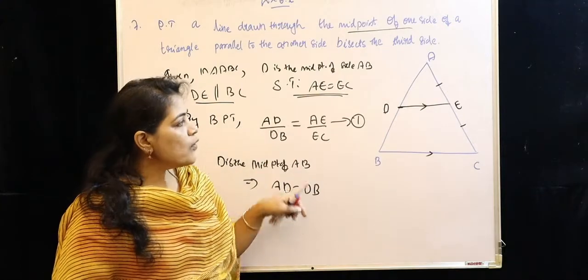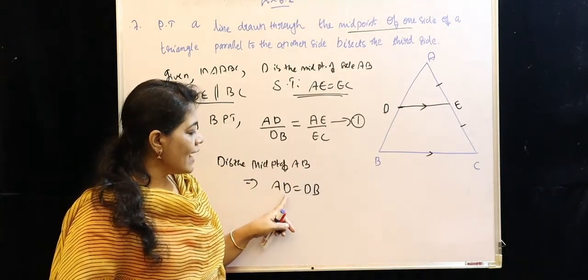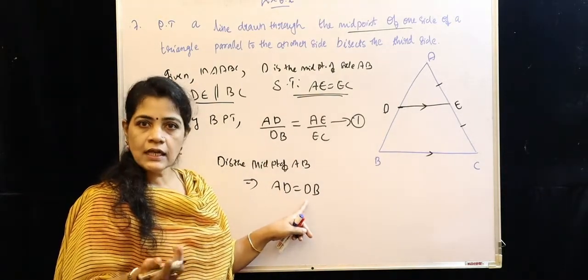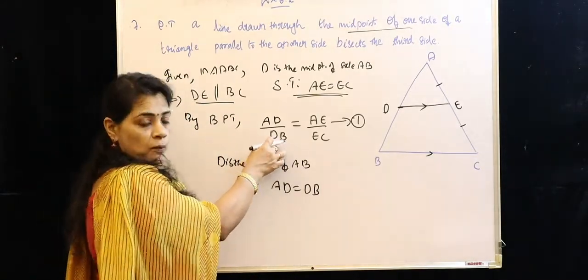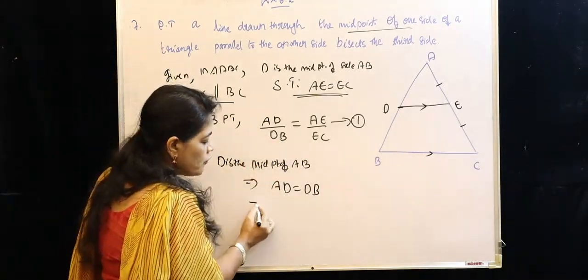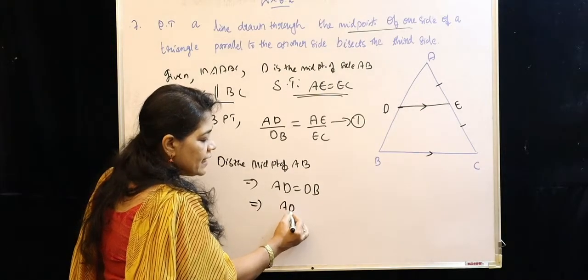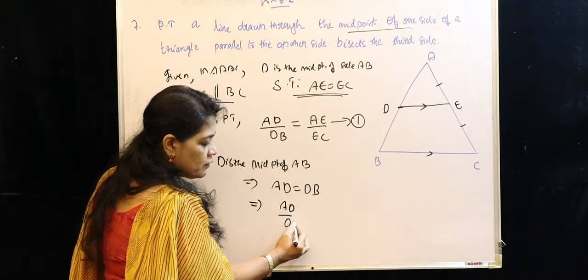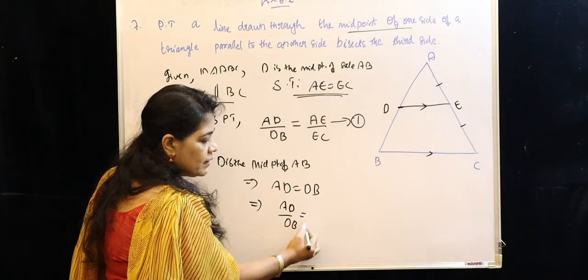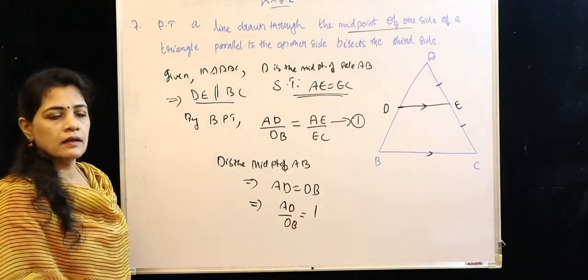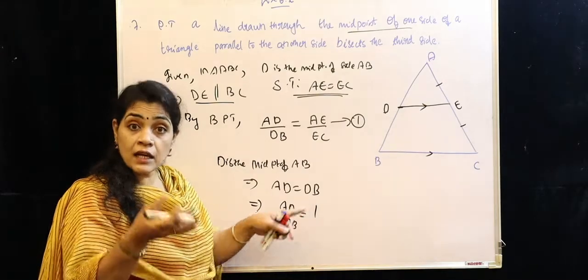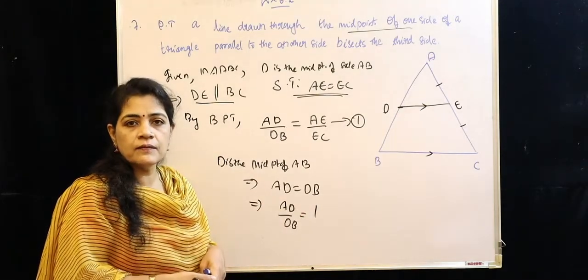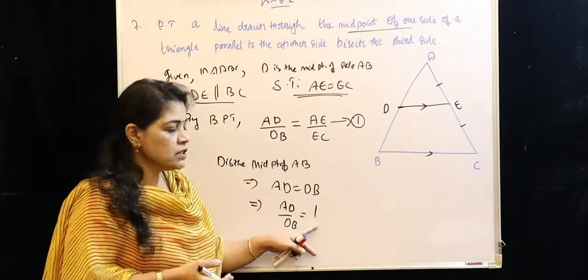Since AD equal to DB, D is the midpoint, can you write this in terms of ratio? We have the ratio form in equation 1. From this, AD by DB, if you take DB to this side, the ratio will be 1. AD equal to DB implies AD by DB equal to 1.